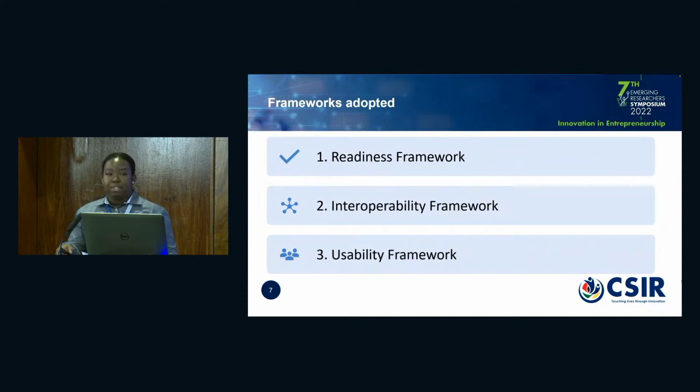Since data will be received from different service providers, it is expected that the data will be in different formats, and an interoperability platform is crucial in order to convert the different data into a single format to be used by the developers. And then the usability framework just describes the user's activity and experience while interacting with the system.